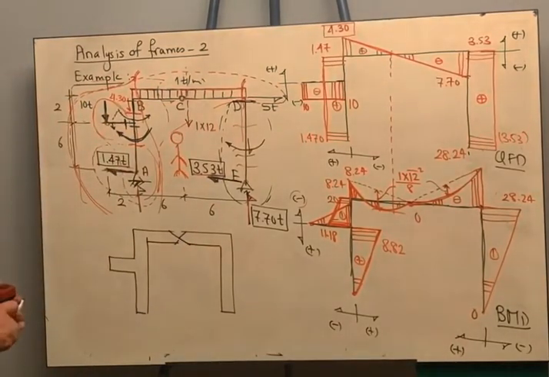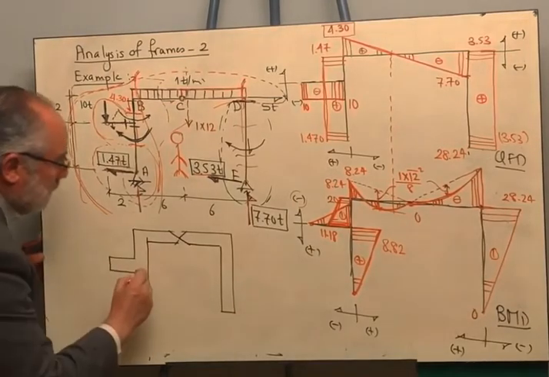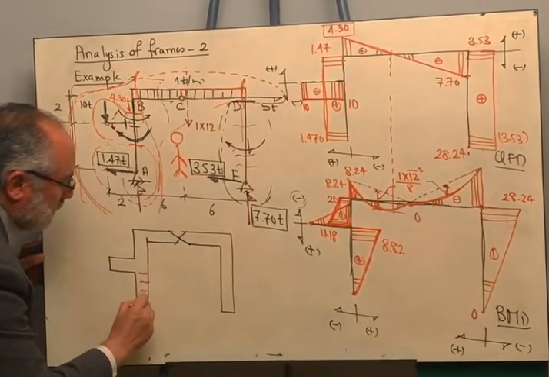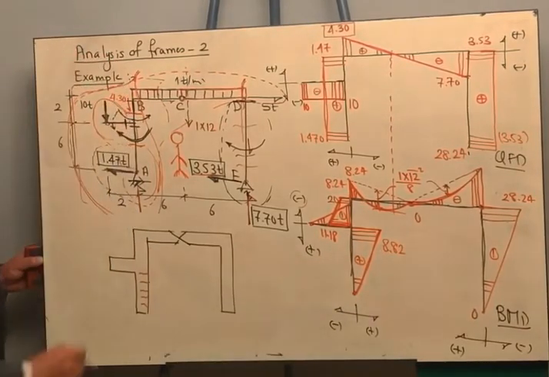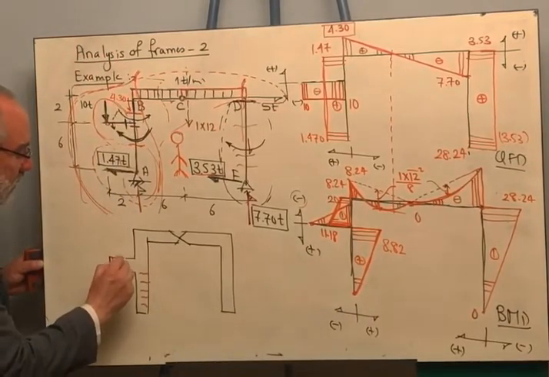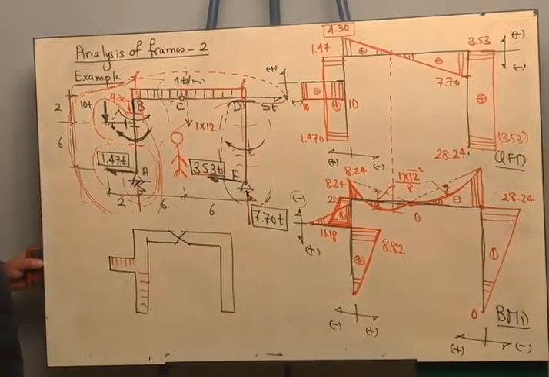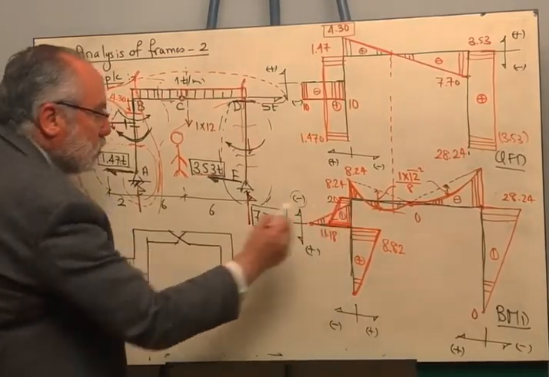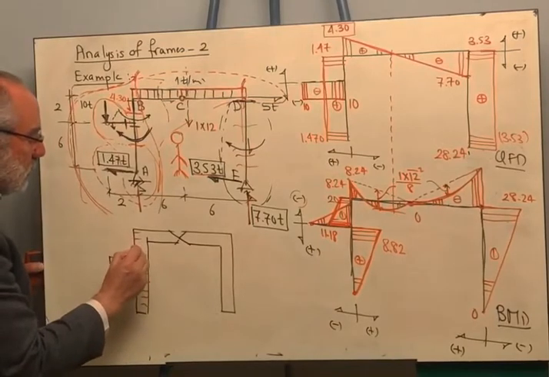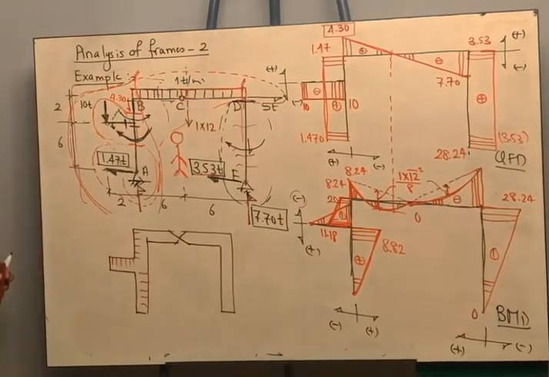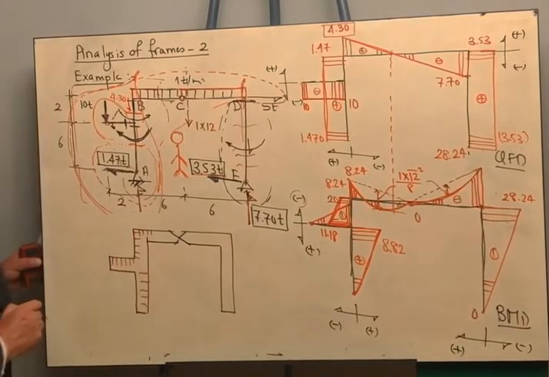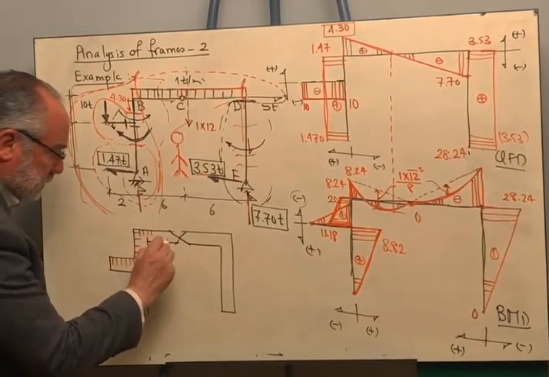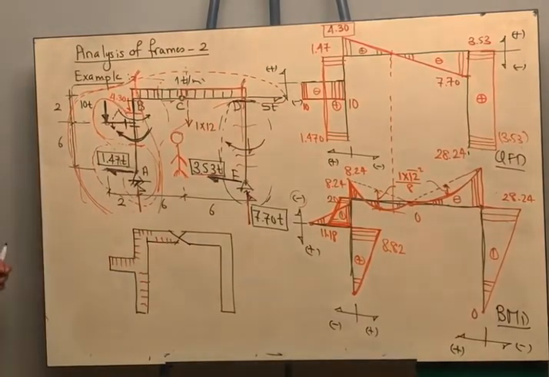From the bending moment diagram, this side is having tension because the bending moment is drawn on the tension side. For the cantilever, the upper part is under tension, and for the upper portion of the column, the tension side is on the left. For this part, part of this beam is subject to tension at the upper fiber, and the other part is subject to tension at the lower fiber.